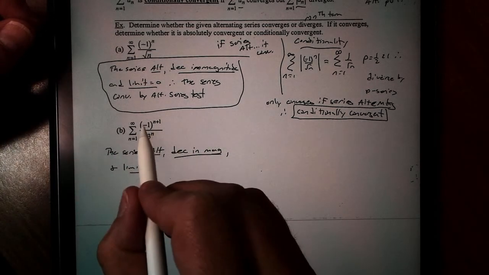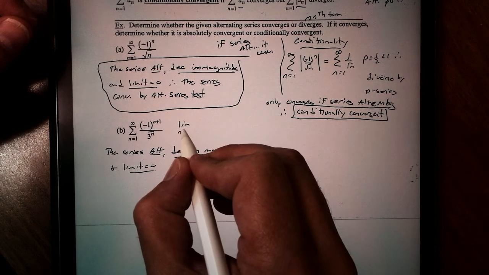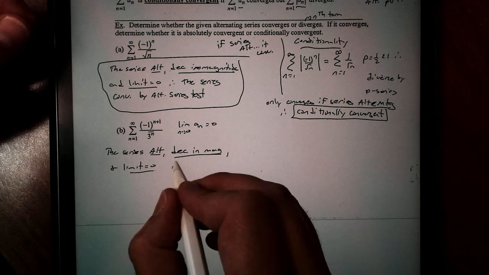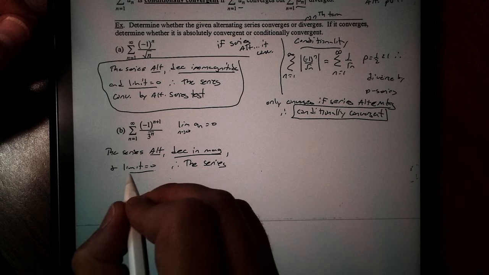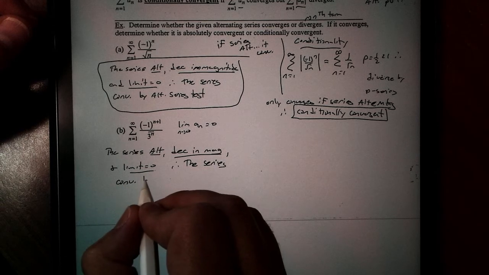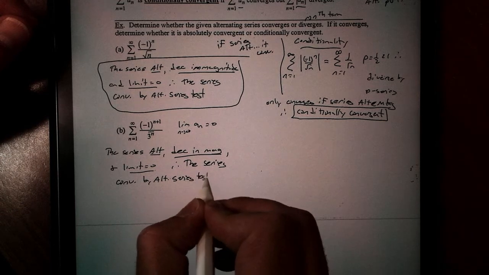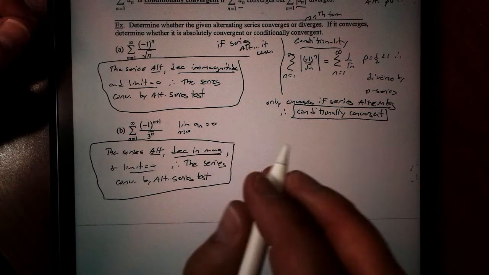I can do that in my head. The limit as n goes to infinity of a sub n is 0. Therefore, the series, if it alternates, converges by the alternating series test.